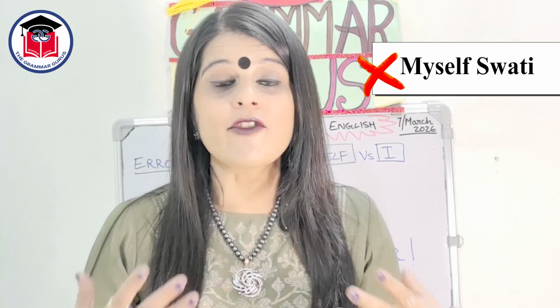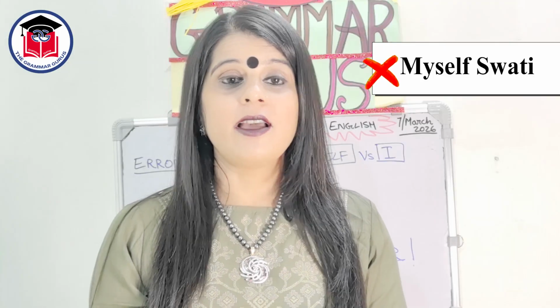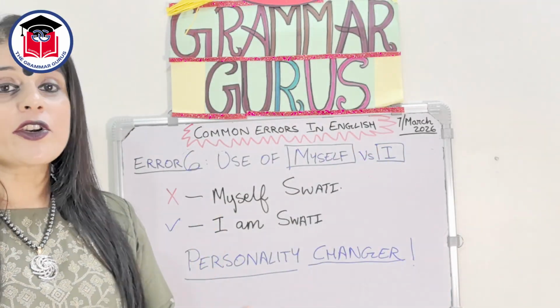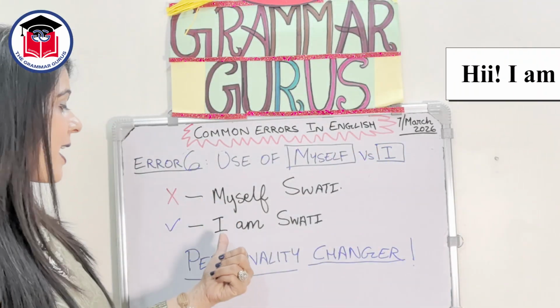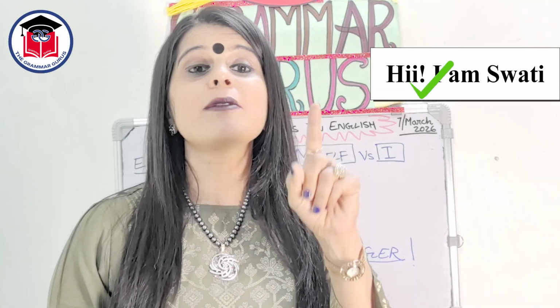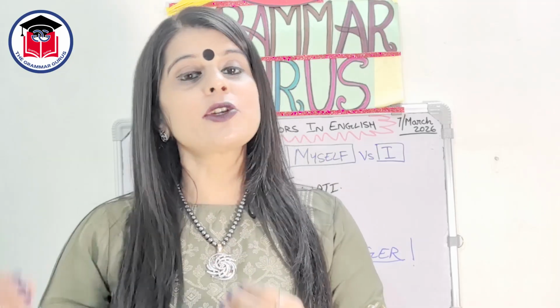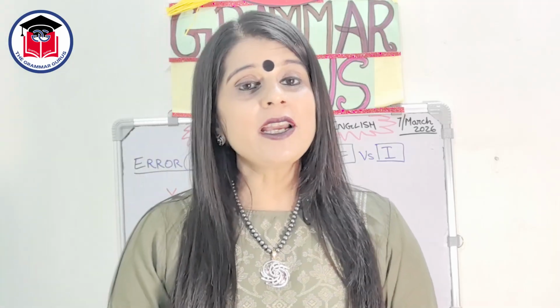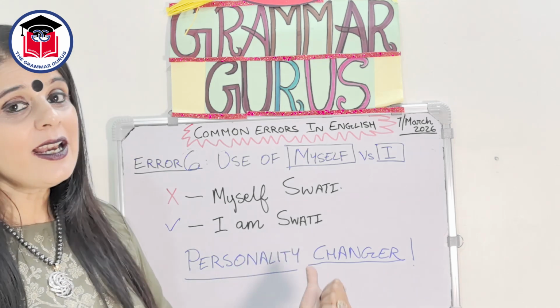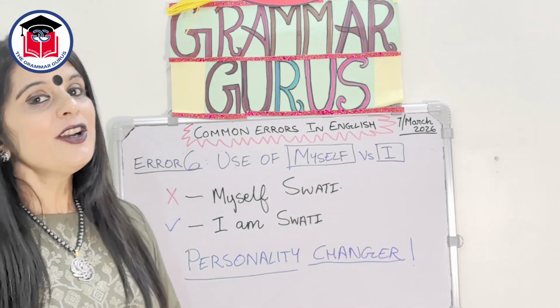You're not even aware about it. You have messed it up there and then. The correct way of introducing yourself is, Hi, I am Swati. We never begin with myself Swati. It should be, I am so and so. Hence, for me, this error really reveals your personality. If you make it right here, you have got a thumbs up.